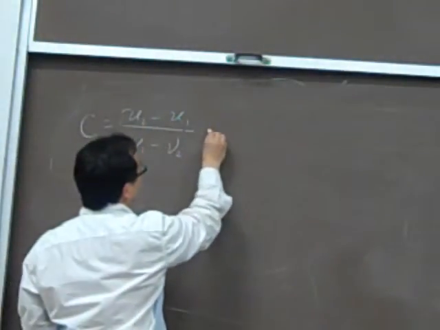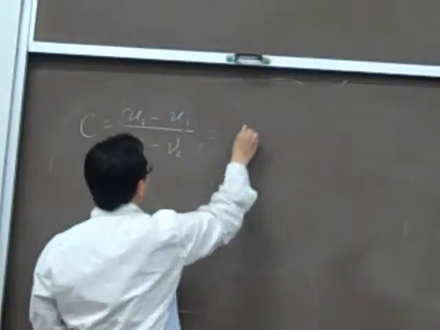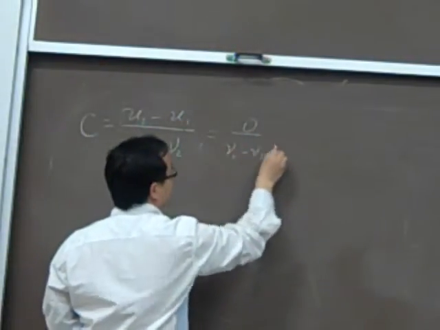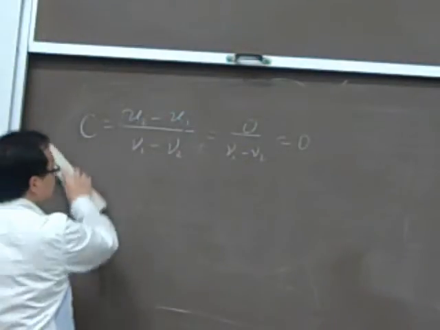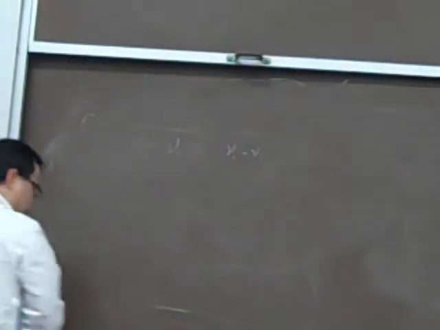If U2 equals U1, of course this is 0 divided by V1 minus V2, which is always 0. That's straightforward from the definition. You can see C equals 0 always for the completely inelastic collision.